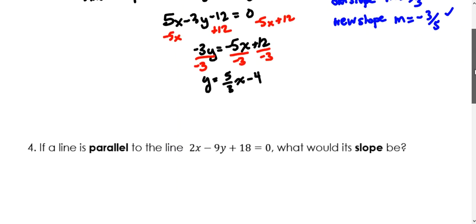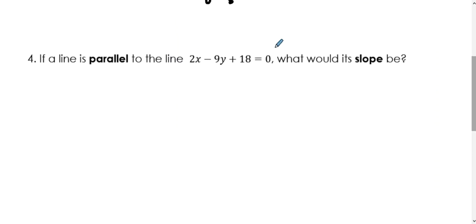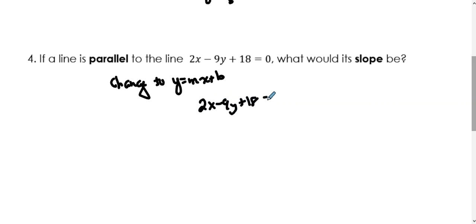Change forms. All right, if a line is parallel to that, what would be its slope? Same idea. Change to y equals mx plus b. All right, 2x minus 9y plus 18 equals 0. Get y by itself.